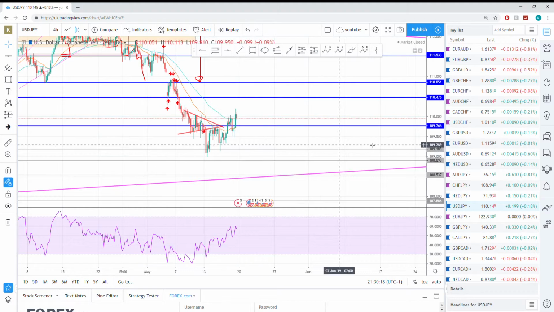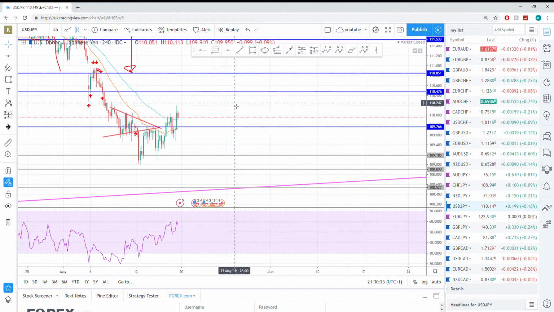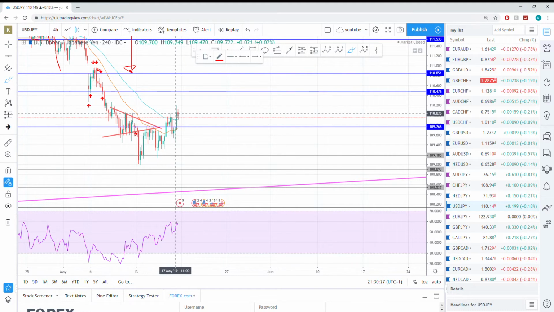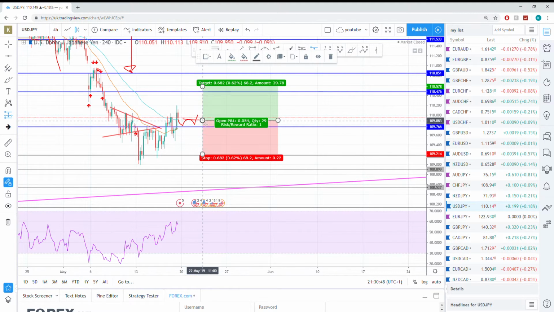Possible scenarios that I would be looking for would possibly be a long. For me to confirm that we are going long, I want to see price come down here, see some sort of evidence that this blue line becomes support, and then the price to go above again, and that would be a potential long position for myself.